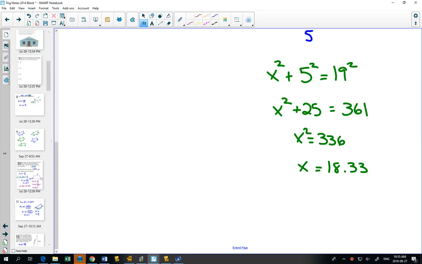But since we're dealing with a length, I'm going to be proper. I'm going to put plus or minus, make it look nice even. X equals plus or minus. But then I'm going to write, well, the only one that makes sense, because we're dealing with a measurement, is the positive value.